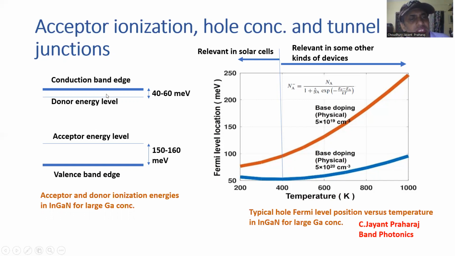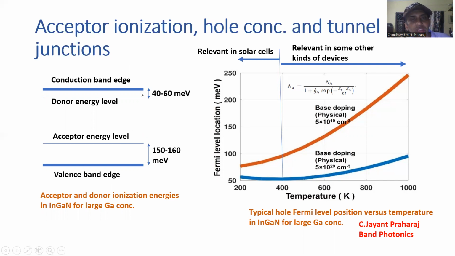These are not exactly to scale, but they basically mention the location of these donor and acceptor energy levels in millielectron volts relative to the conduction and valence band edges. So we have the donor energy levels, which is about 40 to 60 millielectron volts below the conduction band edge, and then the acceptor energy level, which can be 150 to 160 millielectron volts above the valence band edge.